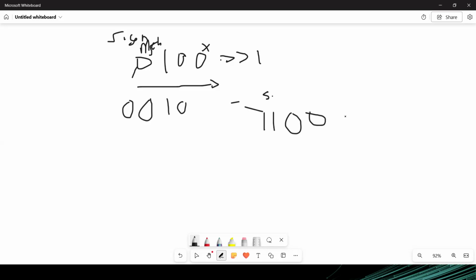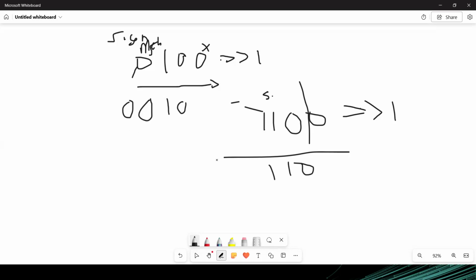Now if we are to shift by 1, we will cancel this one, so we are going to have 0, 1, 1. Then we need to fill in what we have removed. Because this is a signed integer and it's negative, we have to maintain that negative.